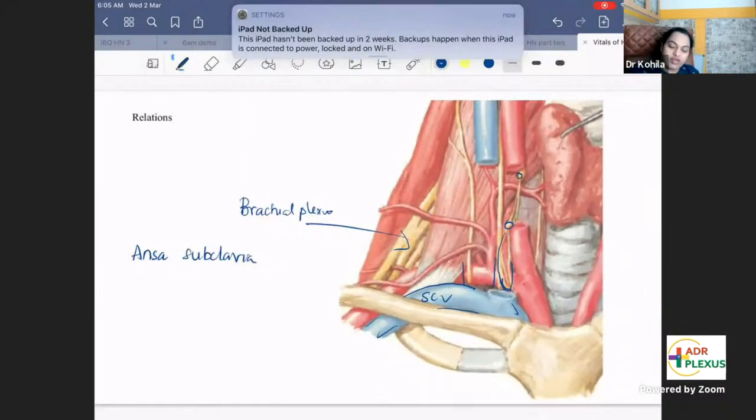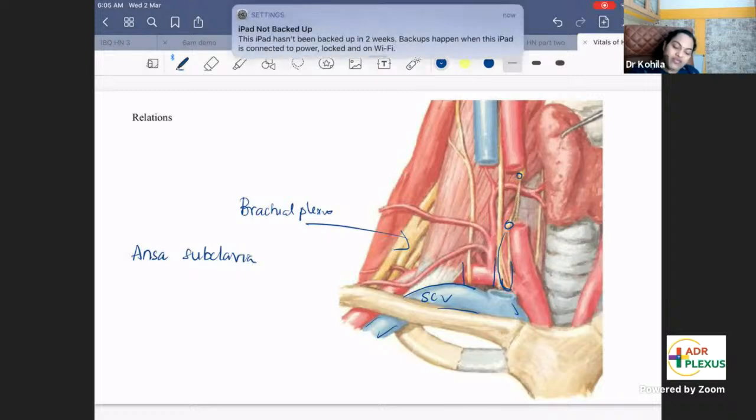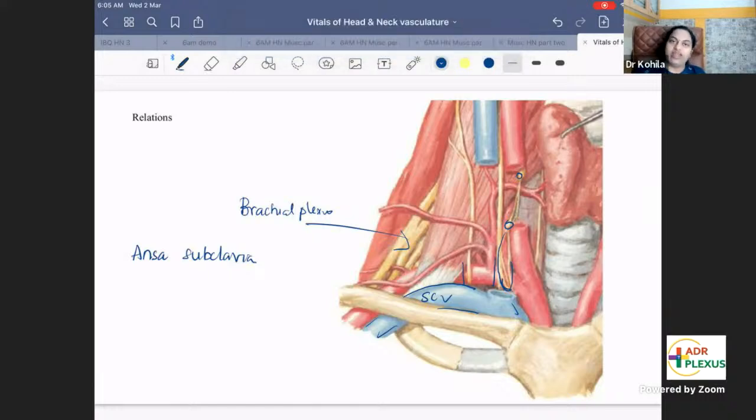So for relations, remember anteriorly the subclavian vein, posteriorly the brachial plexus and the cervical part of the sympathetic trunk, anteriorly of course the phrenic and the vagus and the ansa subclavia. And don't forget the subclavian artery itself is going to arch over the cervical pleura and the apex of the lung.